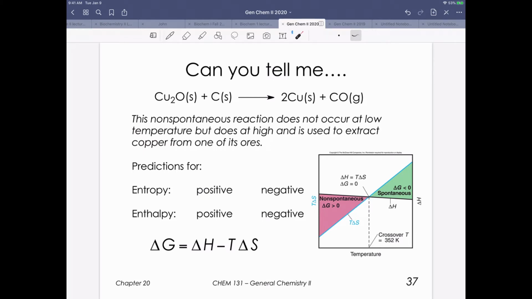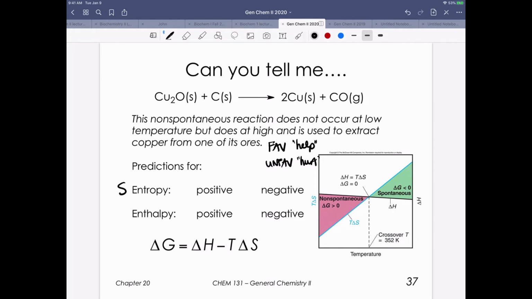So if we think about what we already know about predicting things here, remember we can think about things being favorable or unfavorable. I'm just going to highlight here: if something is favorable, we're going to say that that's helping. If something is unfavorable, we're going to say that that's hurting. So in this case, we can look at the entropy.